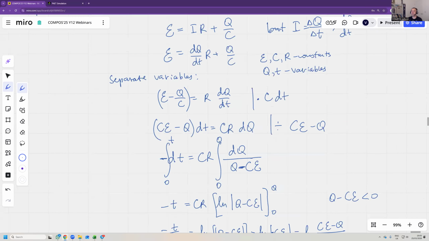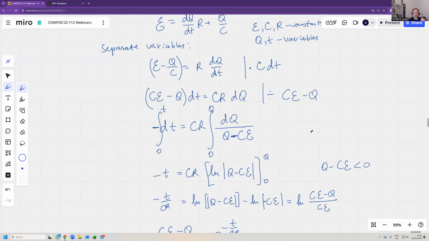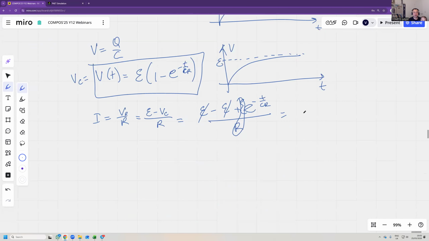Oh, jeez, just a second. EMF over R is the initial current, so it's I0 e to the minus t over CR. I'm almost done. So yes, the current as a function of time is I0 e to the minus t over CR.